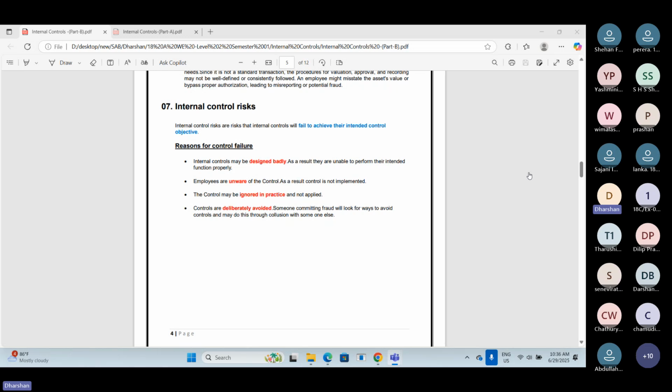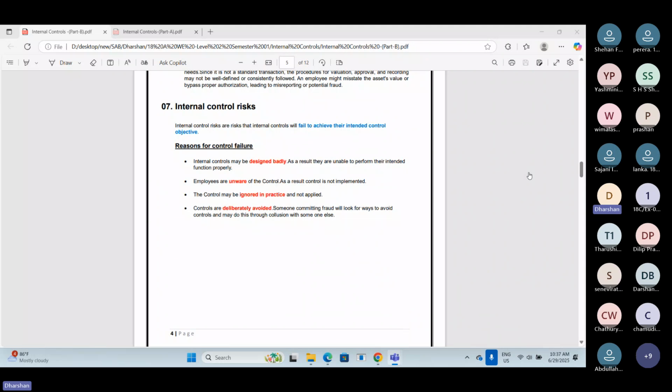Those barriers and obstacles will disturb your objective, will affect your objective. We can consider that as a risk. Because of those barriers and obstacles, you have failed to achieve your objective. That is called risk. I hope you understood. If you don't understand, let me know. I will explain further.